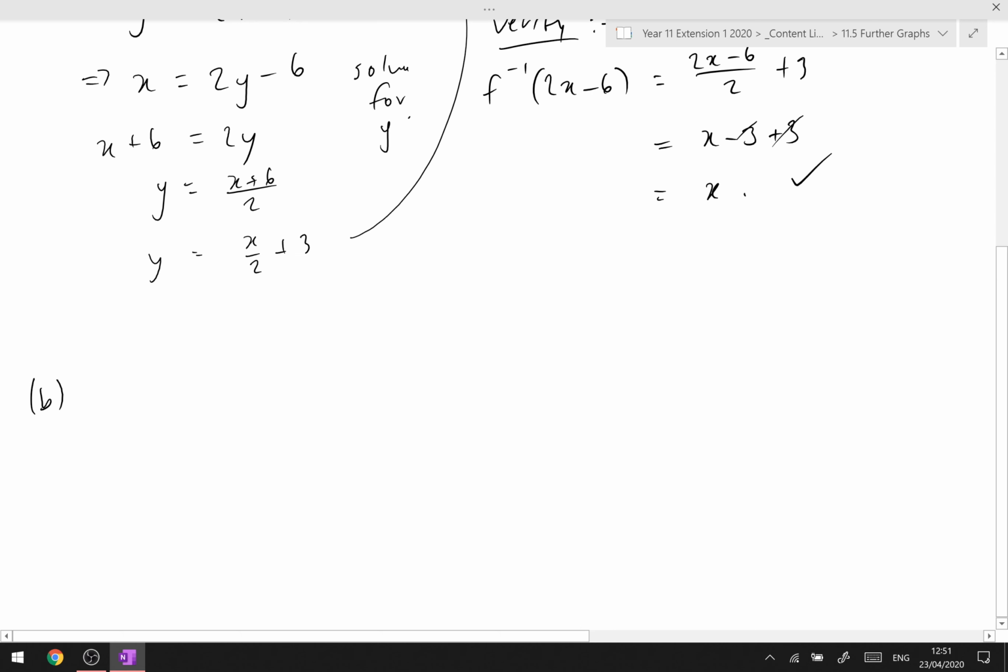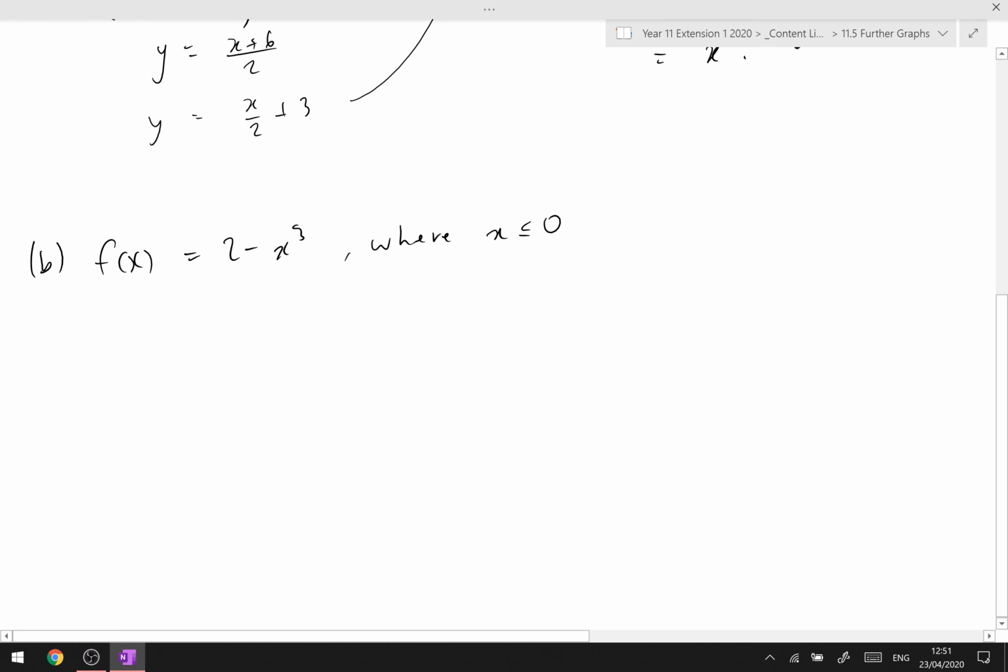So let's do part B down here. The function for that one is f of x equal to 2 minus x cubed, where x is less than or equal to 0.